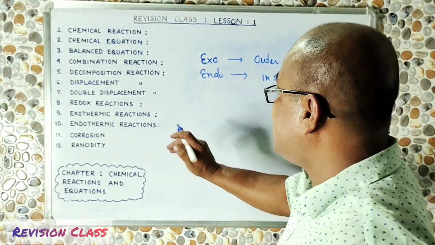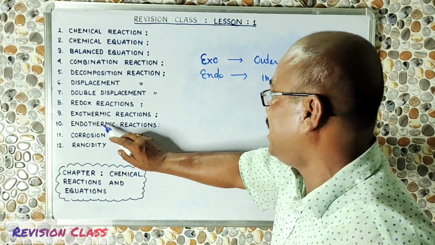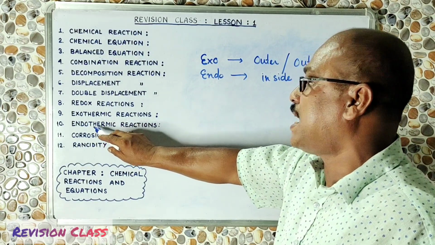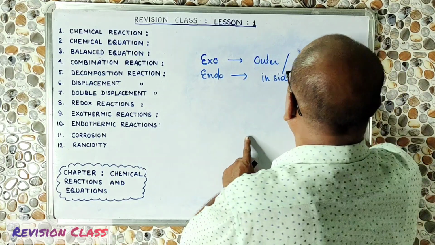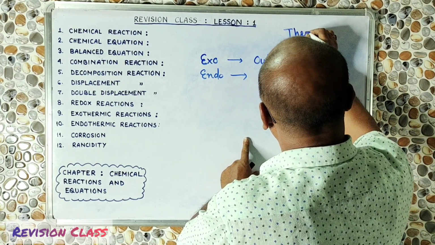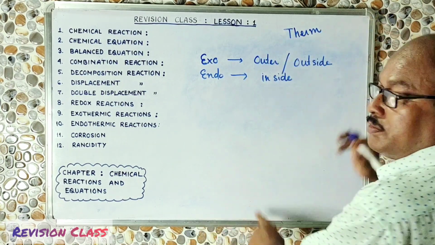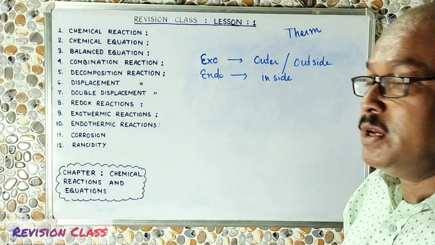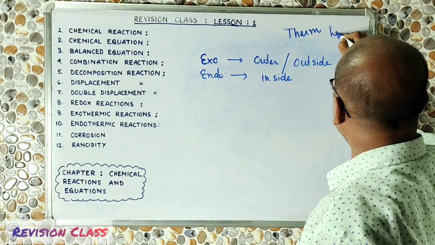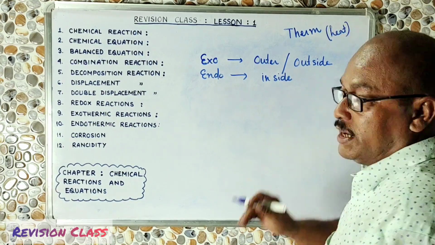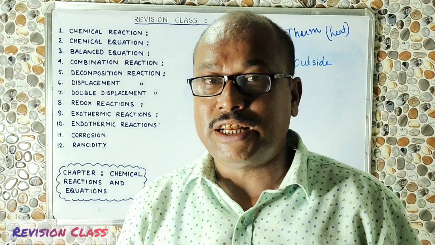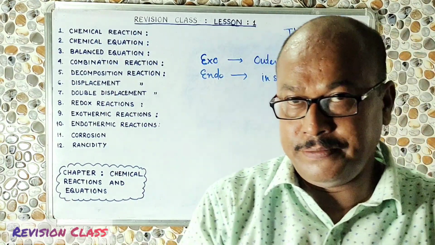Now to both exo and endo, one thing is added, and that is therm, T-H-E-R-M. Therm means heat. For example, a thermometer is the instrument by which we can measure heat.